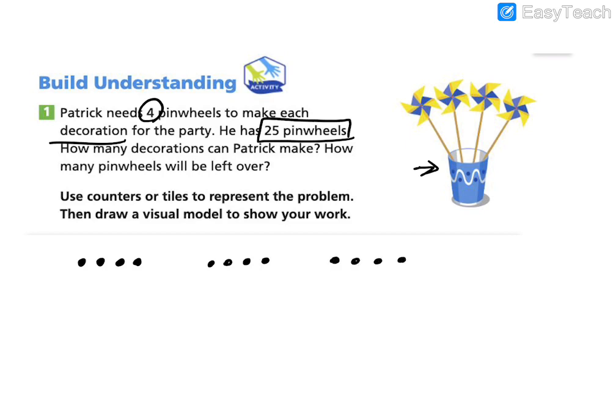Your next 4 is 12. Your next 4 would be 16. 20, so he's getting close to the 25 that he has. You have enough for one more group with 24 pinwheels, but he doesn't have 24 pinwheels. He has 25.